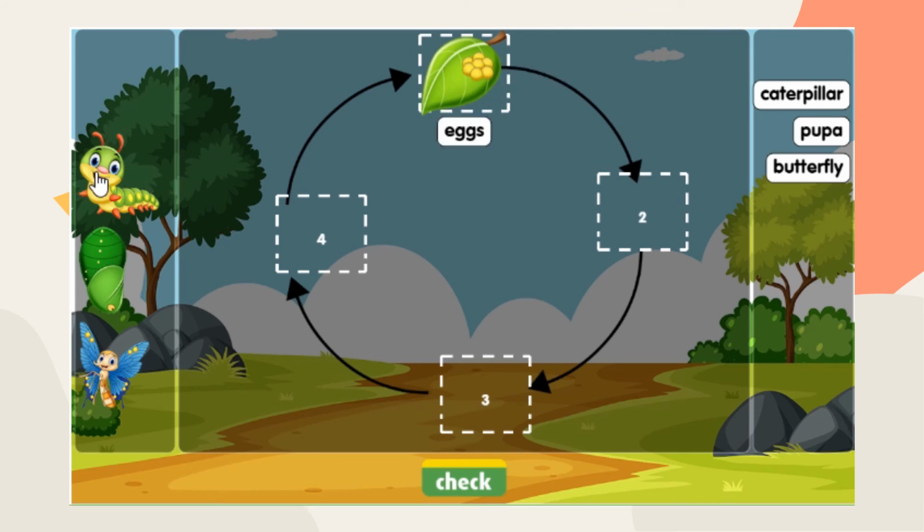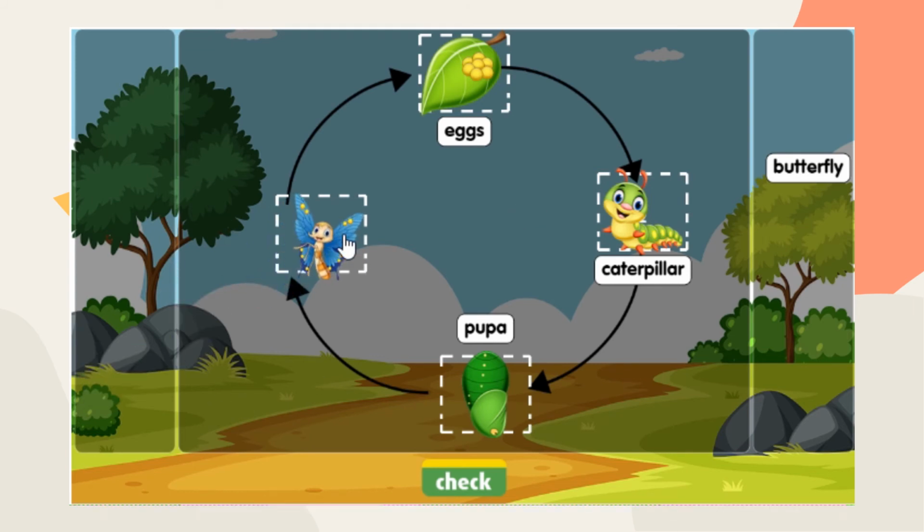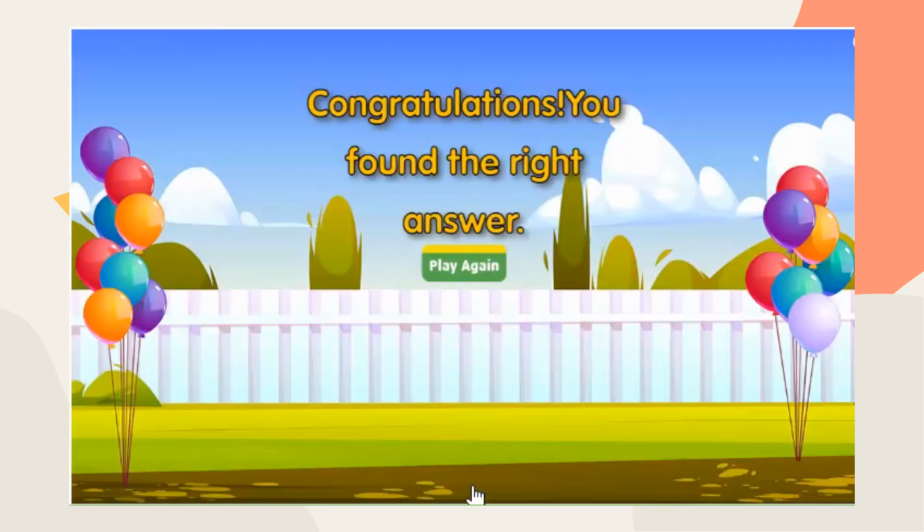Second, we have the caterpillar. Third is the pupa stage. The last one is the adult insect stage. In this case, it's the butterfly, the adult butterfly. That's right.